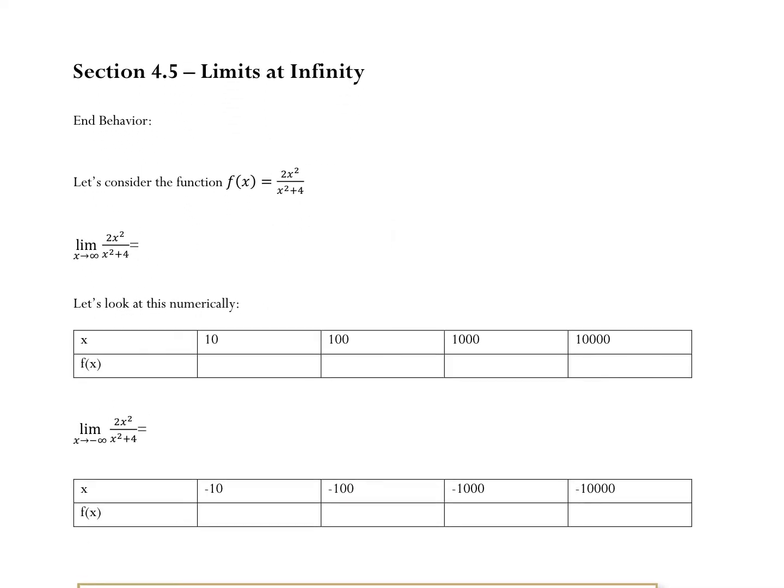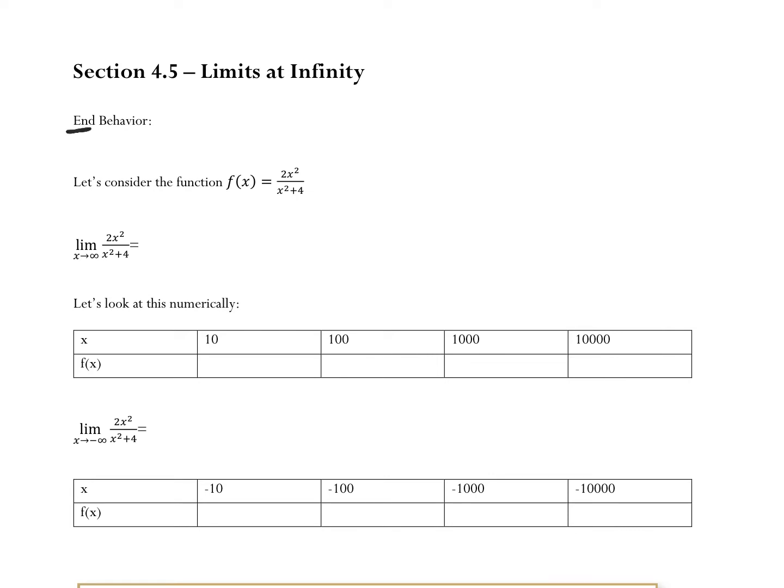We're going to jump up to limits at infinity. So infinite limits are the ones where the limit goes to infinity, the y's are at infinity. Limits at infinity are where x is approaching infinity. Okay, so end behavior.